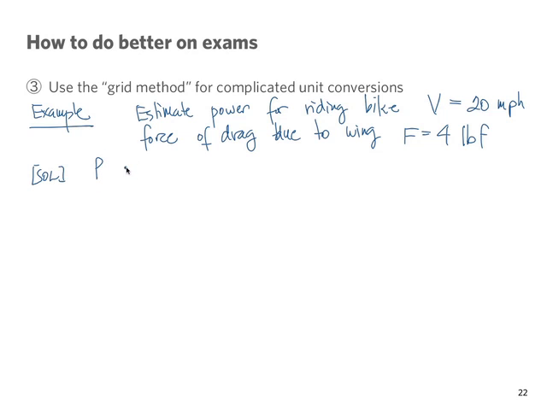So we want to get the units in SI. What's power? Power is force times velocity. And so we're going to write it with the grid method, because we don't want to make any mistake here. It's a little bit more complicated, and so we go.